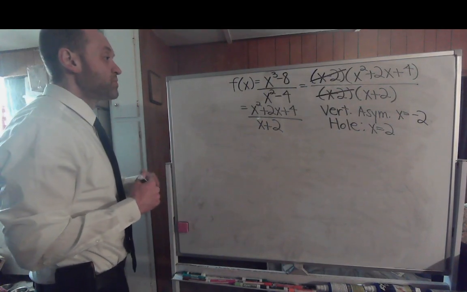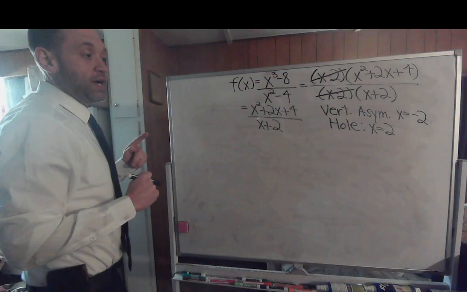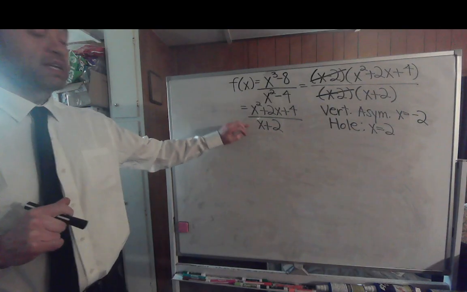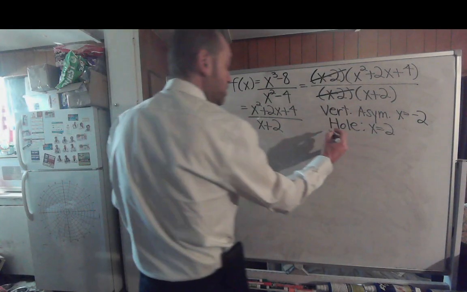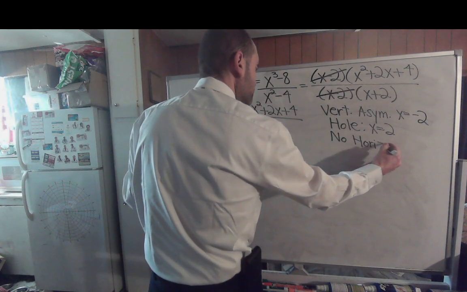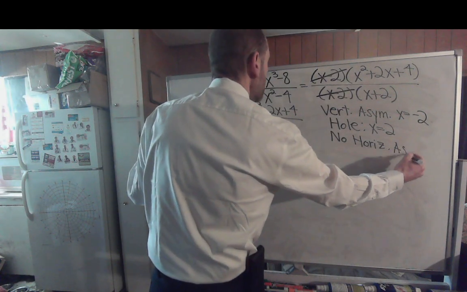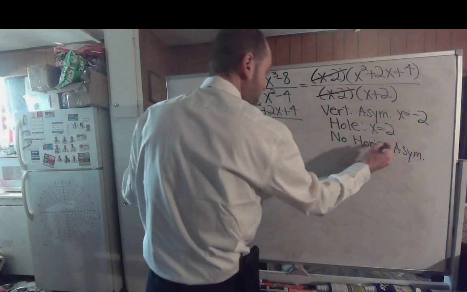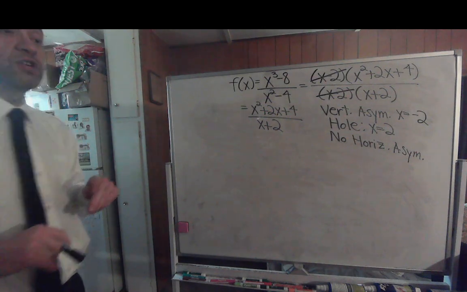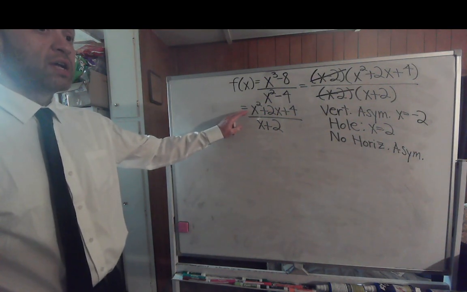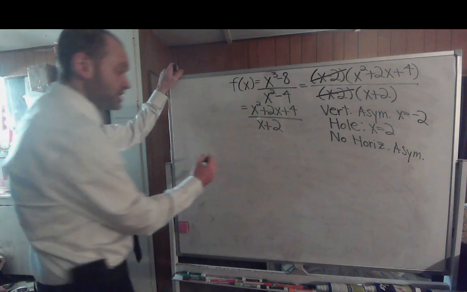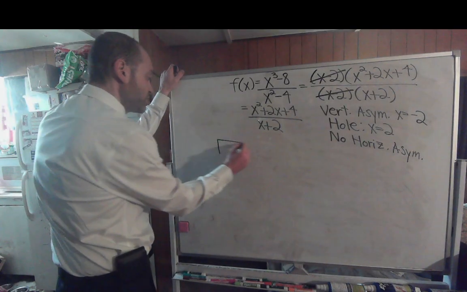Alright, now what about horizontal asymptote? The degree of the numerator still ends up greater than the degree of the denominator, so there's no horizontal asymptote. But what about slant asymptotes? Well, the degree of the numerator is greater than the degree of the denominator by 1 degree, so yes, there is a slant asymptote. Let's do the long division.